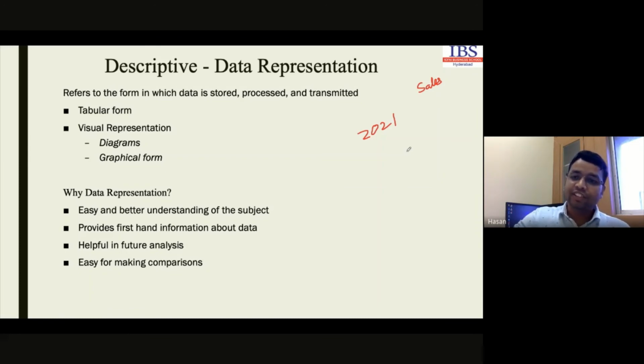If our trend is in upward direction, that means we are making profit. If the trend is in downward direction, then we are moving towards loss. If we are moving towards loss, then we'll definitely close the company, or do something else which can eliminate the loss. This is the future course of action.